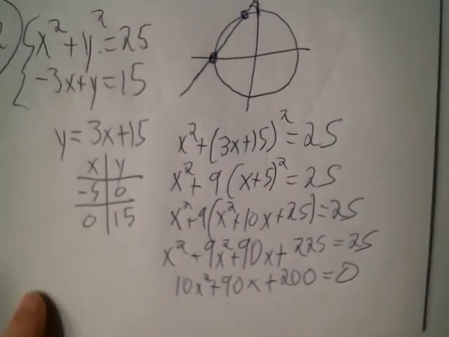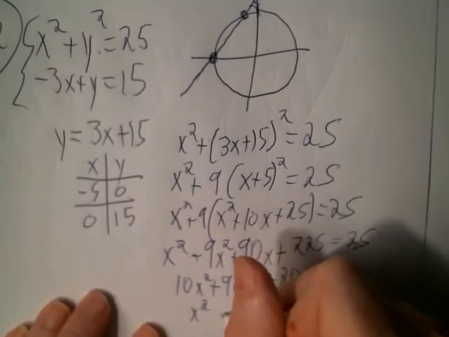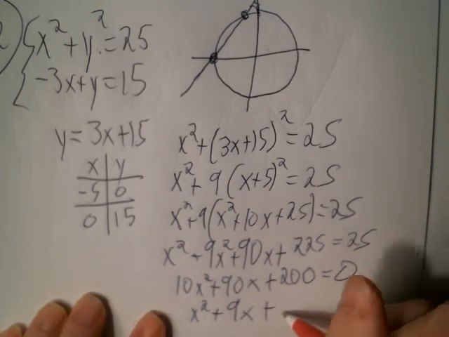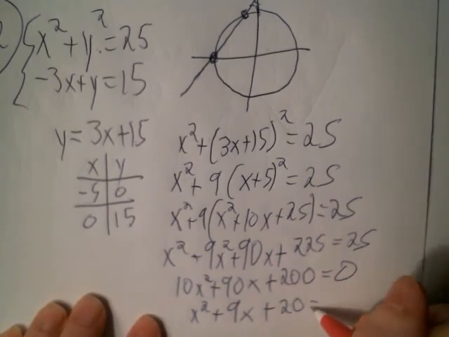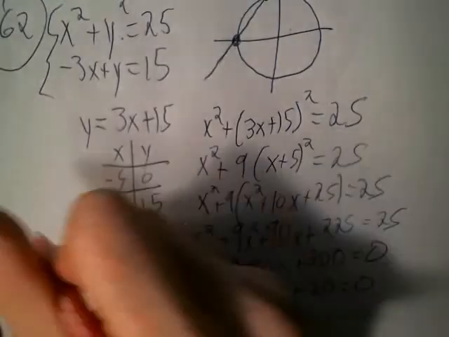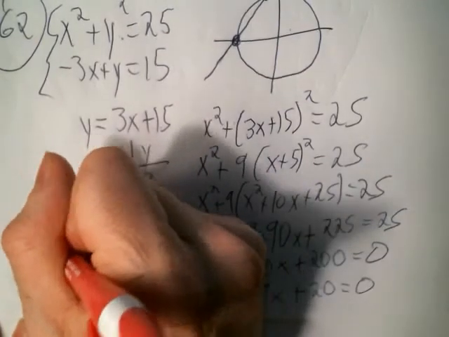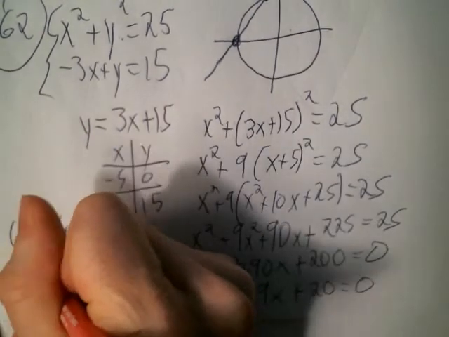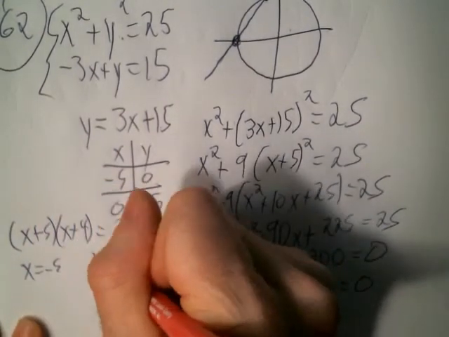Then I can factor out the 10, so I get x squared plus 9x plus 20. And then I can factor that, so I get (x plus 5)(x plus 4) is 0, so x is -5, x is -4.